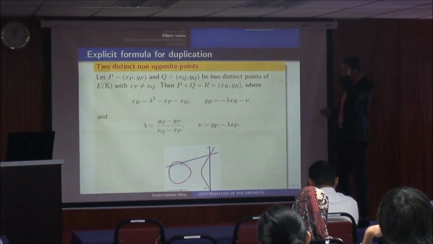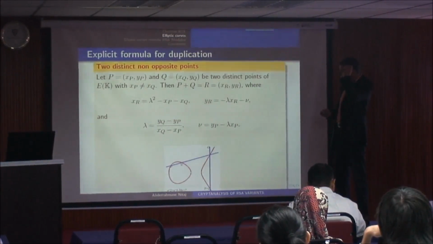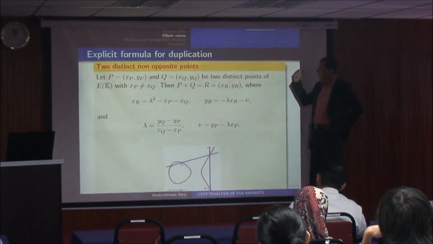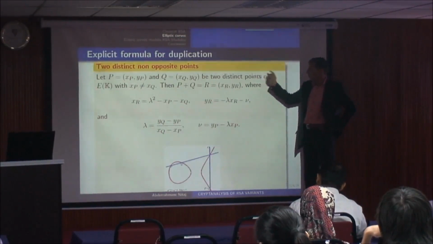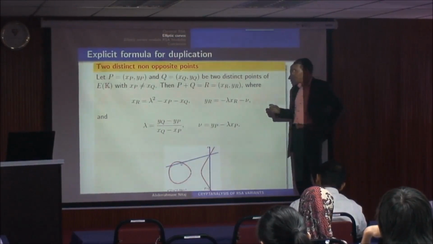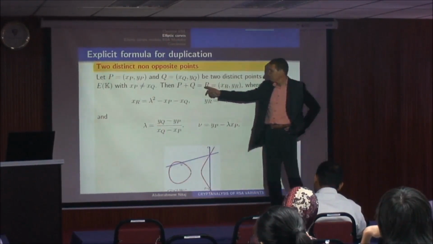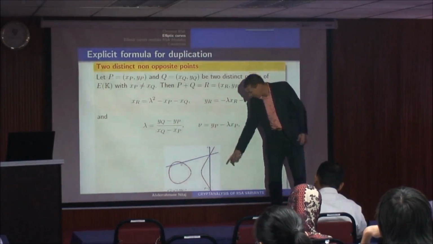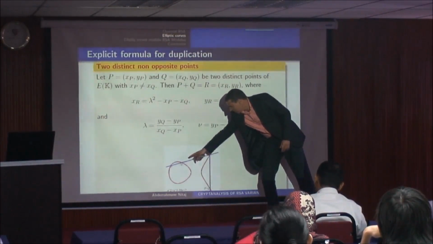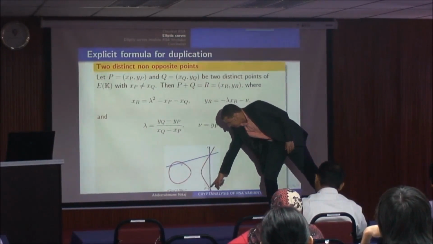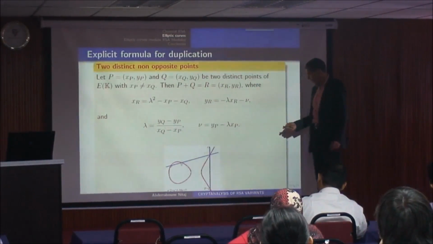Also, there are explicit formulas for addition. For example, we have an elliptic curve and 2 points P and Q, such that P is different from Q. Then P plus Q is R. This is R, so this is P and Q. This is the line PQ, and this is the vertical line at this point.